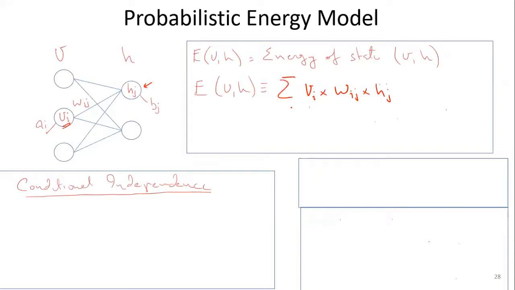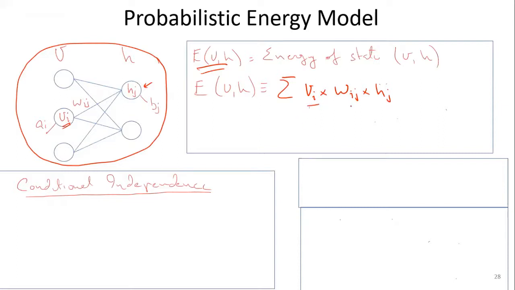What should we do a sum over? Any suggestions? Because we want to calculate an overall energy. So we're calculating the energy of the entire network. So what should we sum over?